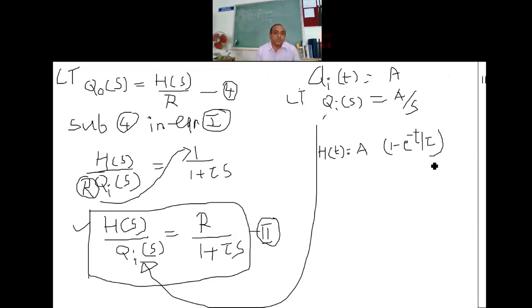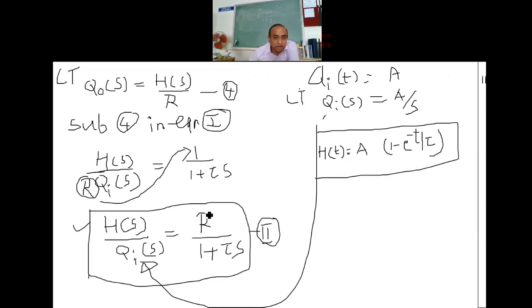This is a standard equation. Please remember, whenever you have a transfer function like 1 divided by 1 plus tau S, if you give the step input, you always get A times 1 minus e raised to minus t by tau.